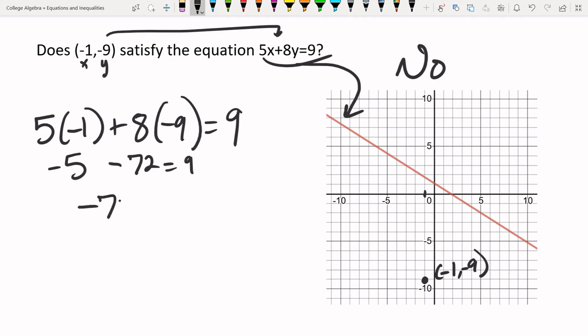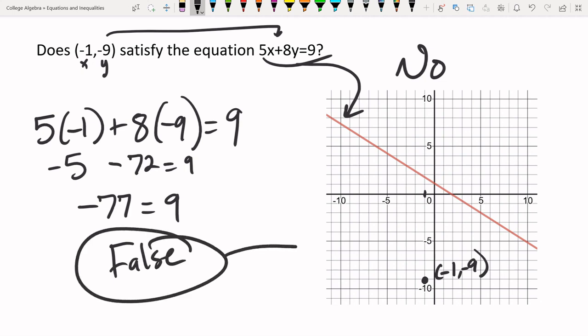And that gives us -77 equals 9, which is false. A false statement is the same thing as saying this point is not on this line. That's the algebraic version of the solution, and the right-hand side is the geometric version of the solution.